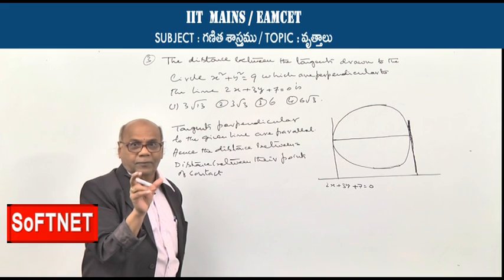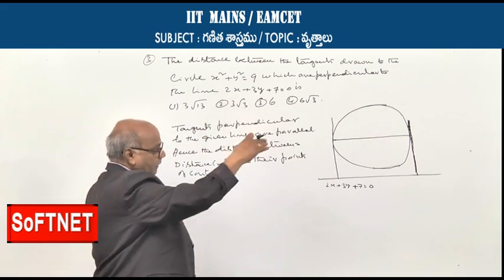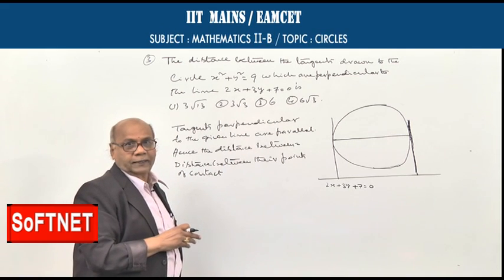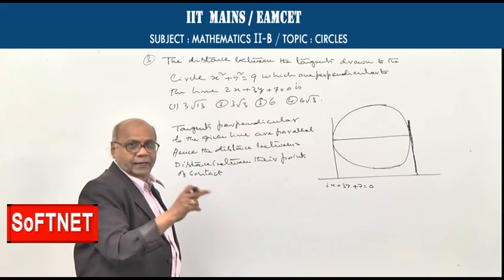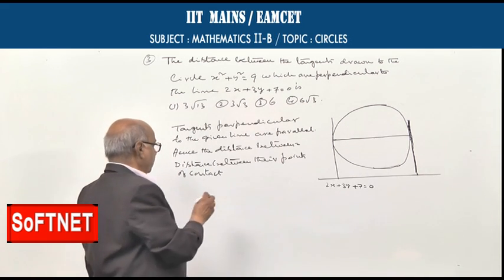The distance is nothing but a diameter of the circle, because you know that from the point of contact, if you draw the line joining it to the center, it is perpendicular to the tangent.